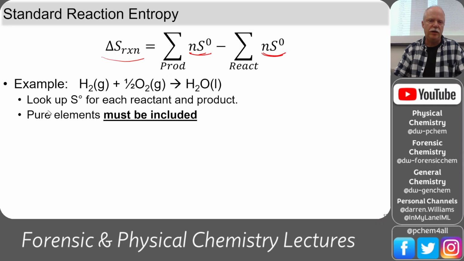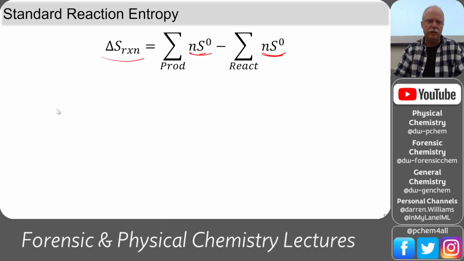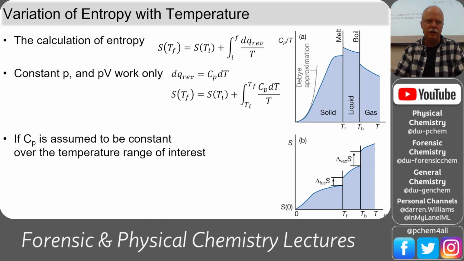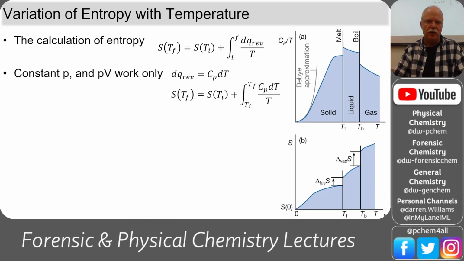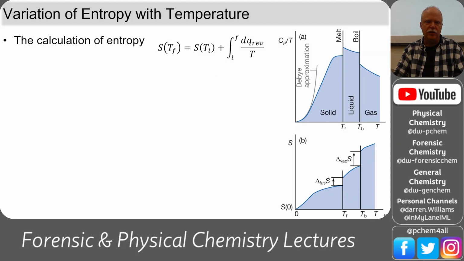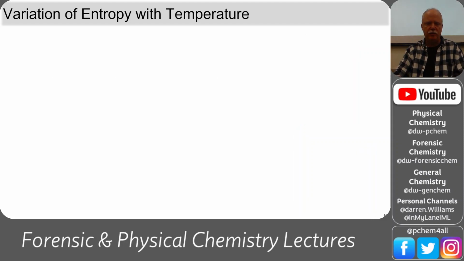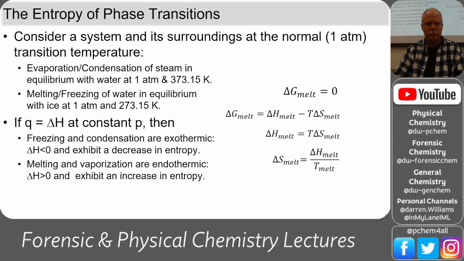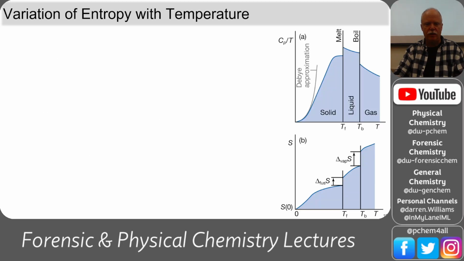All right, so let me go back and just emphasize some of these things here. So we can calculate these entropies, again, using that standard state. We'll go right here and look.